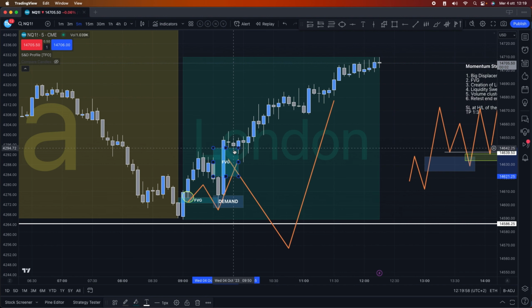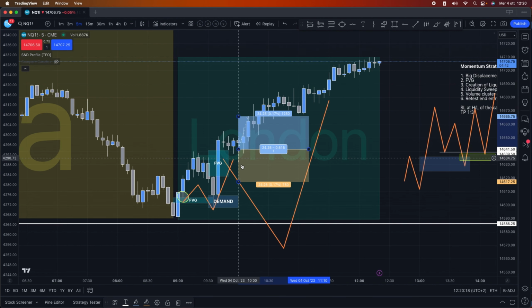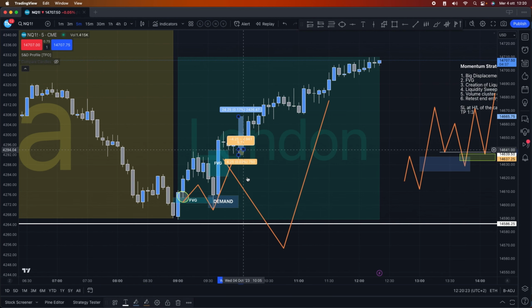I didn't take this trade because from the volume point of view, I was not convinced. Now I will show you everything later. I took this trade because I saw a huge volume pressure here, so I entered the trade here with stop loss below the candle, and this is going to stop loss.